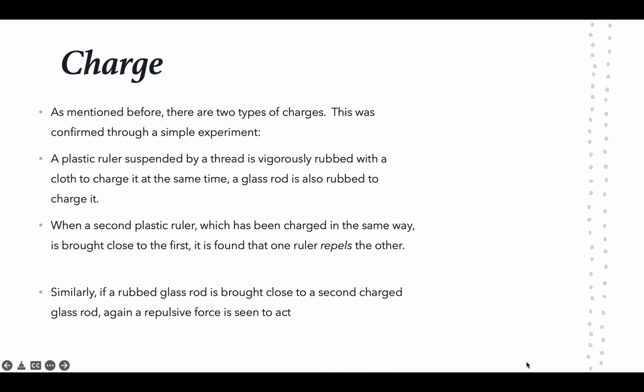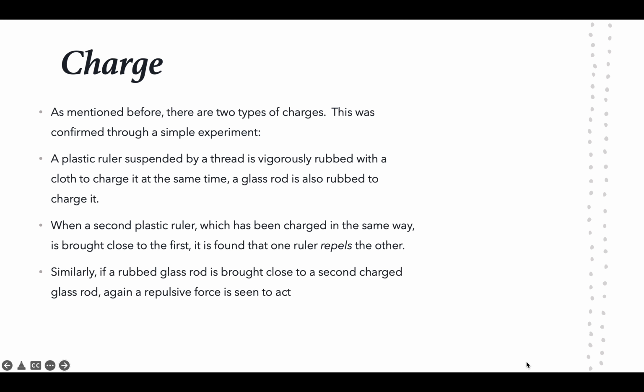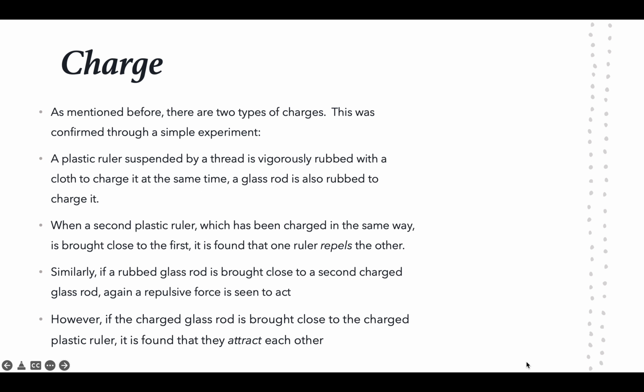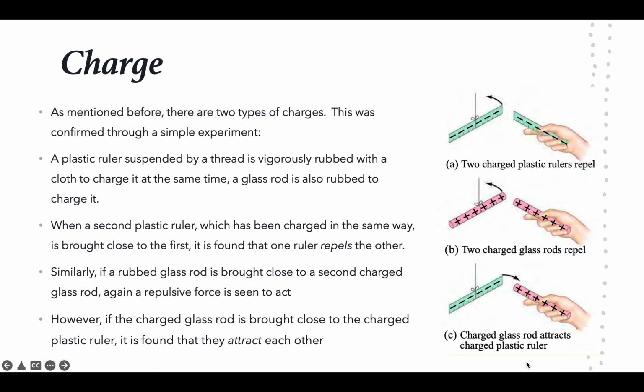And the same thing happened with the glass, right? When a second glass rod was brought to the first glass rod, also a repulsive force seemed to act. But when the ruler was brought close to the glass rod, or the glass rod was brought to the ruler, then they found out that these objects can attract each other, as we can see here in the picture.